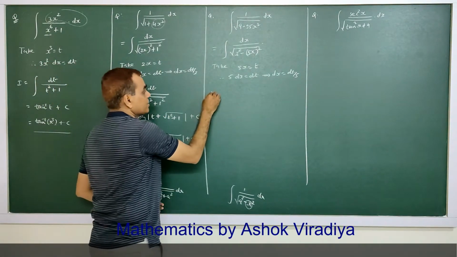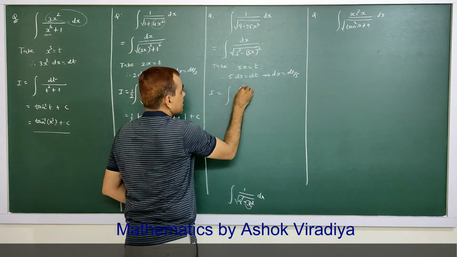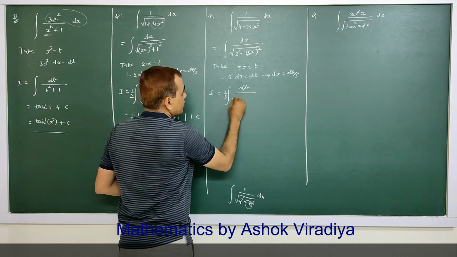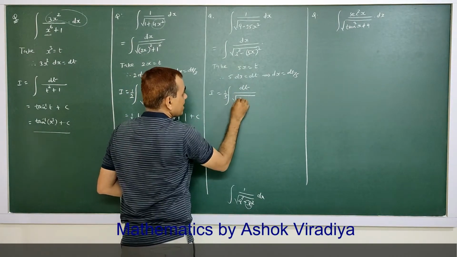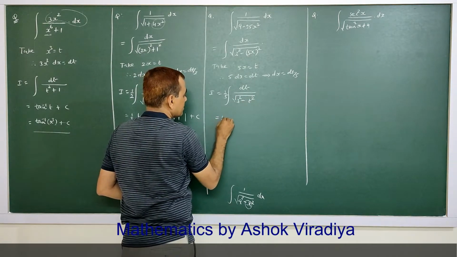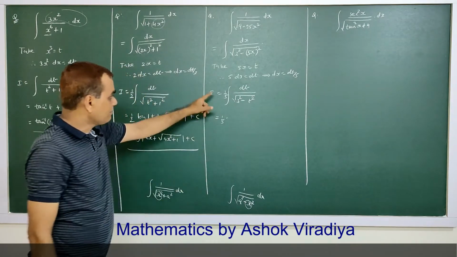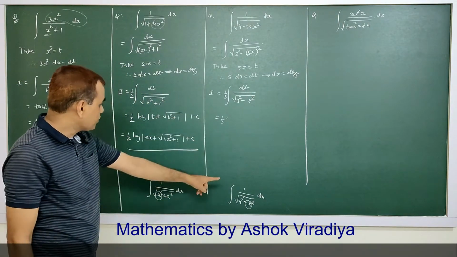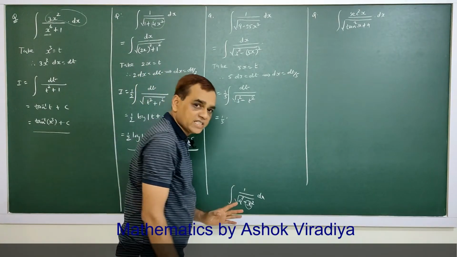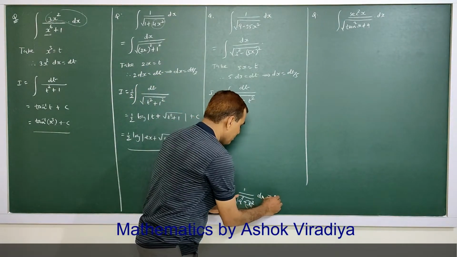So the integral is, dx is dt upon 5, put outside, root 3 square minus t square, 1 by 5 as it is, and application of this formula 1 upon root a square minus x square. What is this formula?